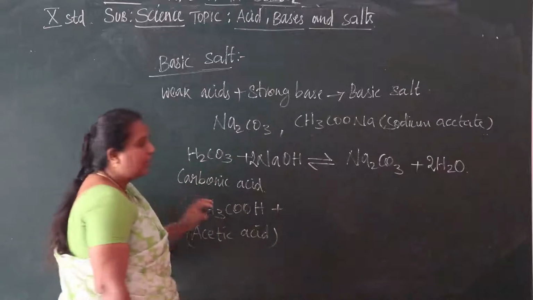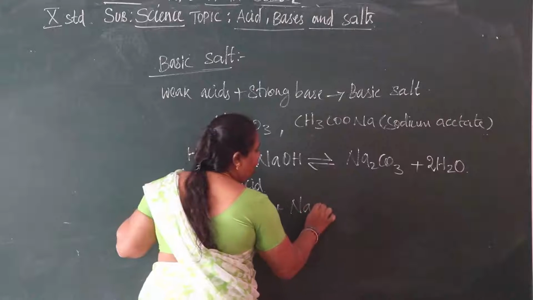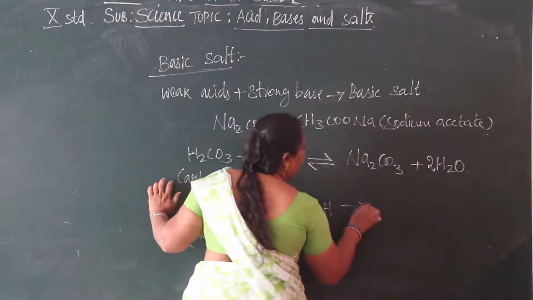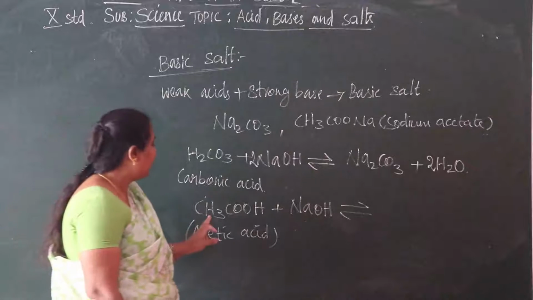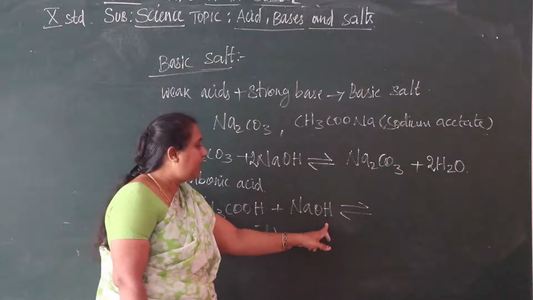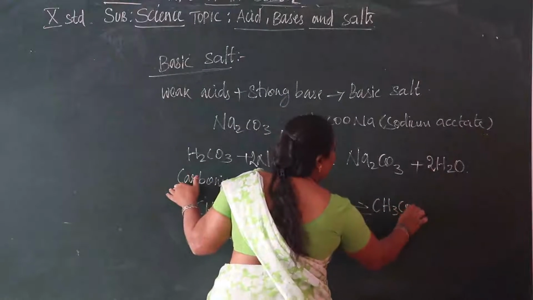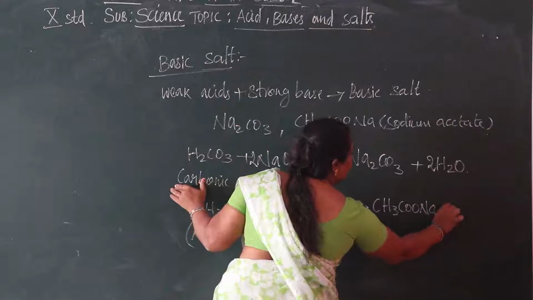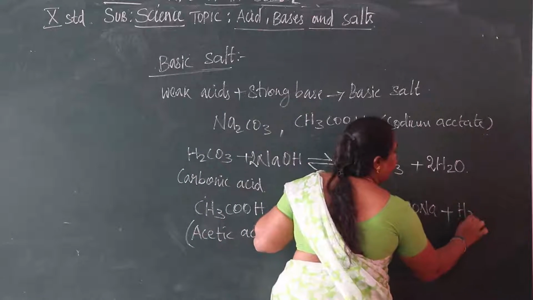It reacts with sodium hydroxide, which is a strong base. Here also the reaction is reversible. Acetic acid reacts with sodium hydroxide to give sodium acetate, CH3COONa, plus water, H2O.